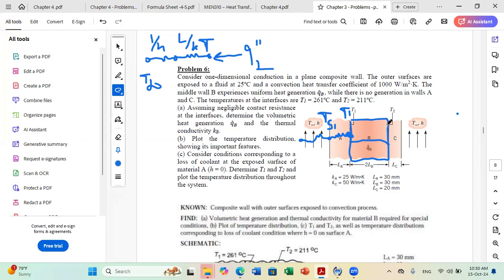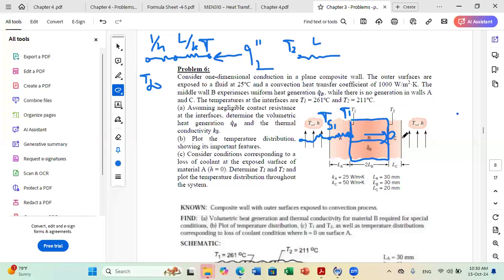You can also evaluate Q second 2 from the thermal circuit after this point. So you can draw here from T2, I have first L of material C over K. Sorry, 1 second. Do you see the screen again? Yes.